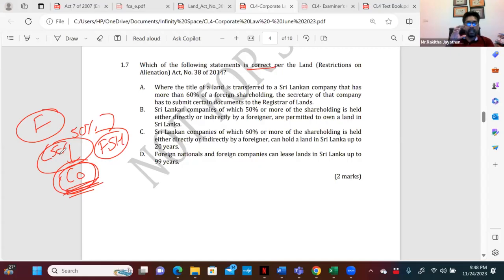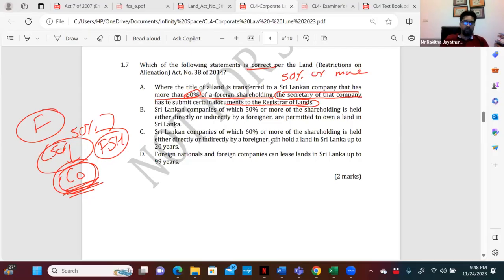Because if it is 50% or more, then you can't own that property because it's prohibited. So those are the main rules. So, where the title of a land is transferred to a Sri Lankan company that has more than 60% of a foreign shareholding, the secretary of that company has to submit certain documents. The latter part is correct, but the relevant percentage is not 60%, it is 50% or more.